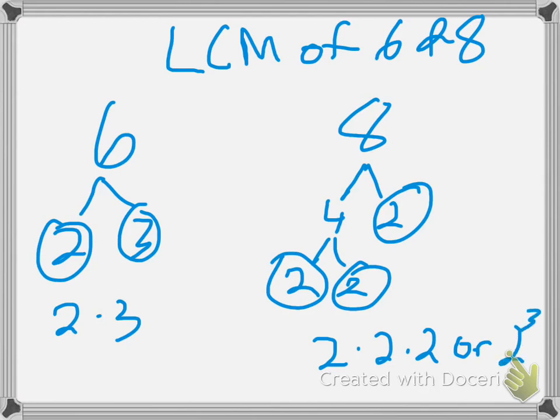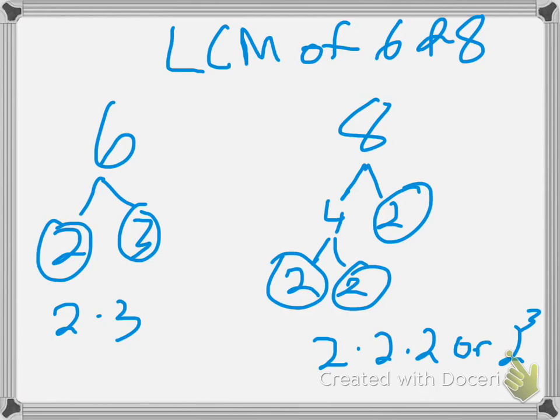Okay? So now when I look at these prime factorizations, I have to include everything from both the prime factorization of 6 and the prime factorization of 8 in order to find that least common multiple.